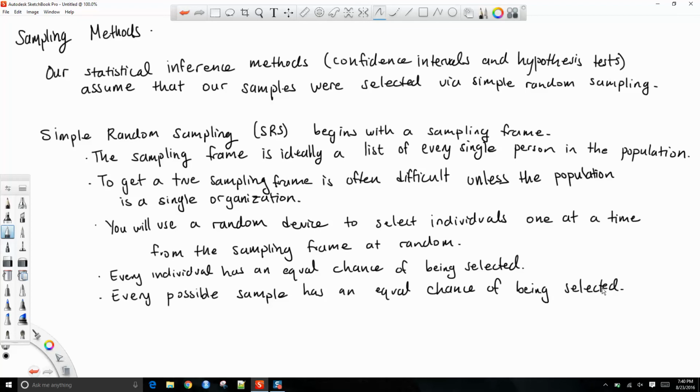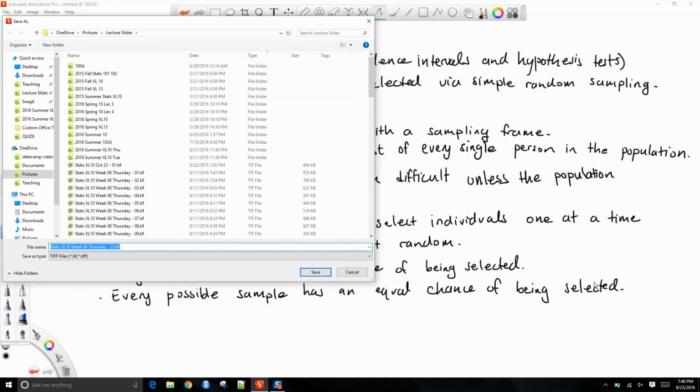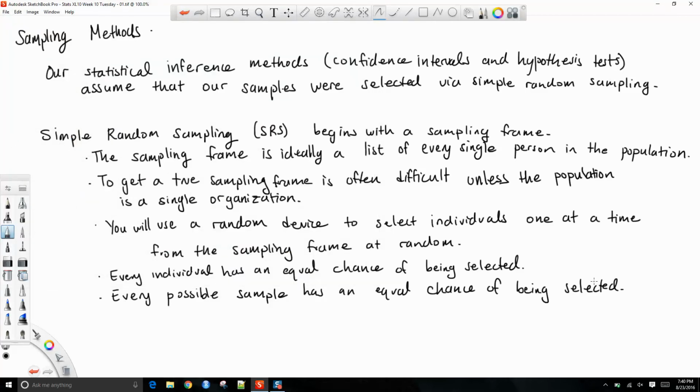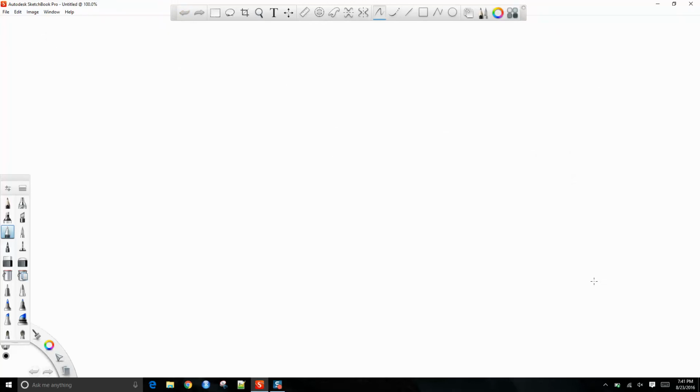There are other sampling methods as well, and they're worth mentioning and covering. So we have stratified, or here, let me start off with systematic sampling.